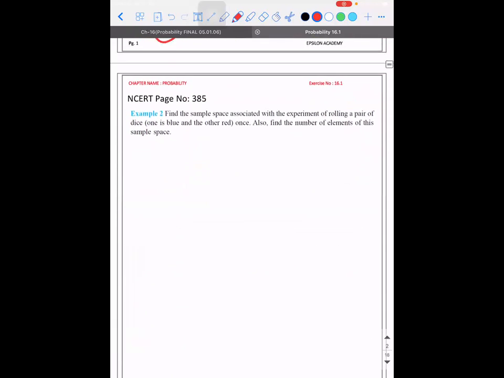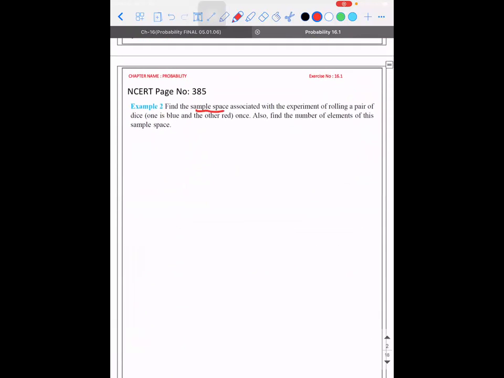Yes. Find the sample space associated with an experiment of rolling a pair of dice, one blue and the other red. Also find the number of elements of this sample space. So how to write, guys?